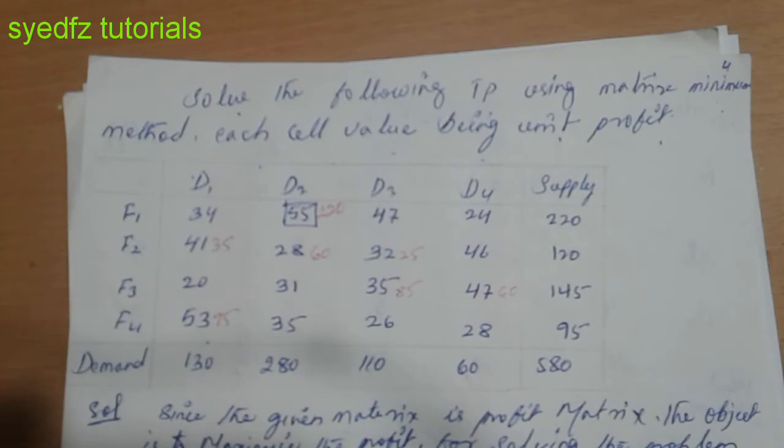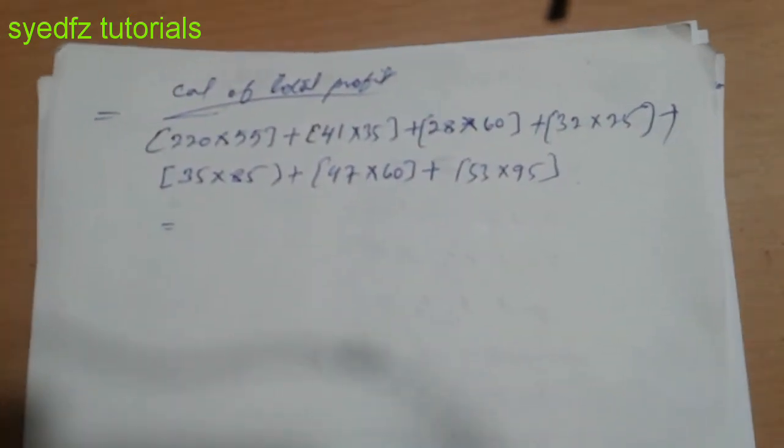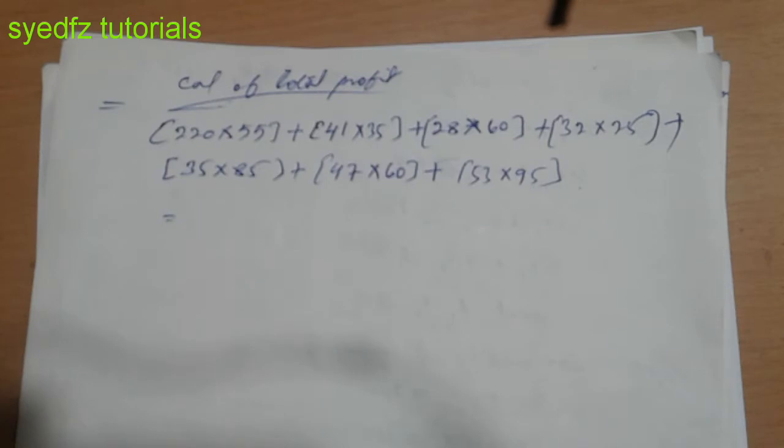From this table first we have taken, and now we have calculated this one. Now multiply all the values.